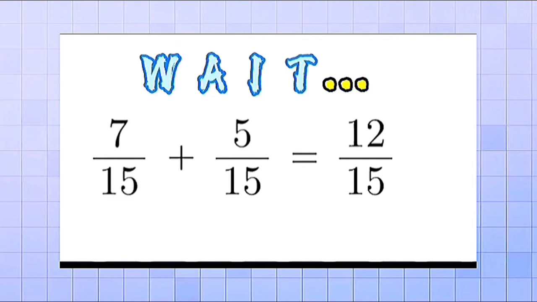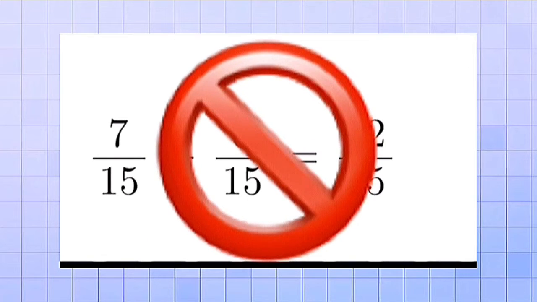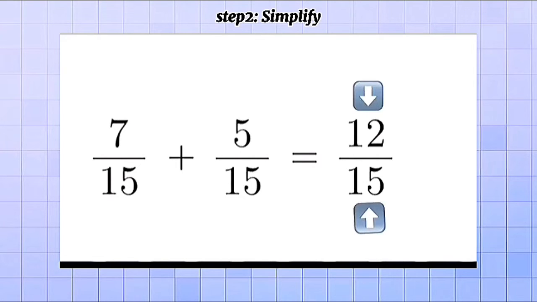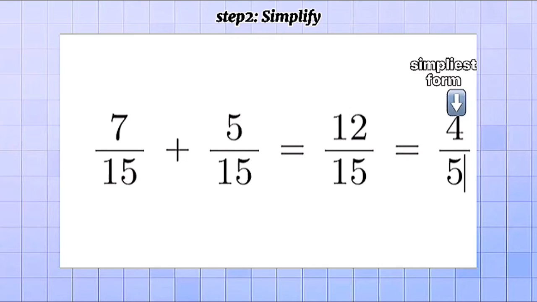Wait, is that our final answer? Well, no, because 12/15 can be simplified. But what is the simplest form of 12/15? The simplest form of 12/15 is simply 4/5.